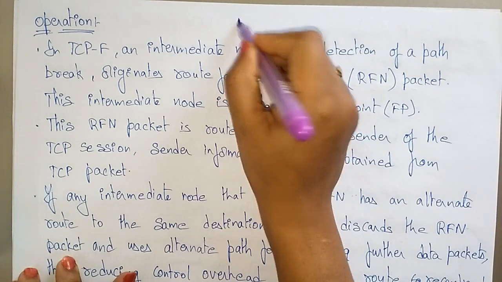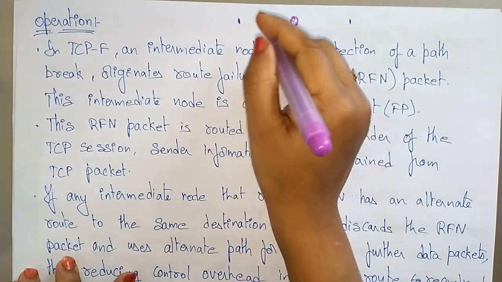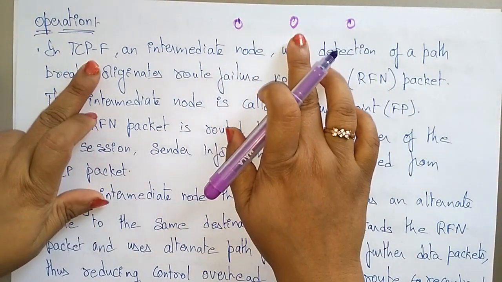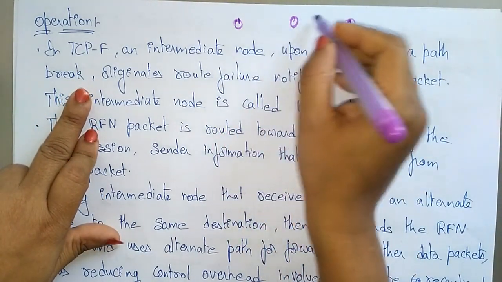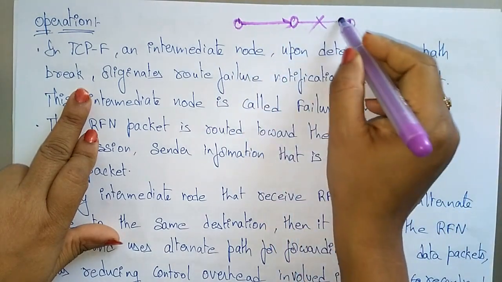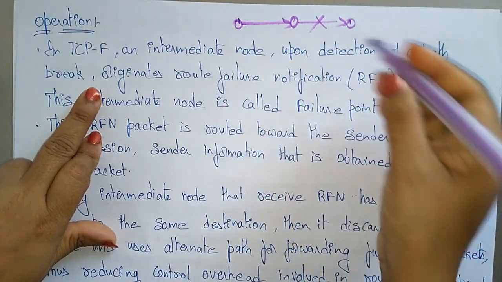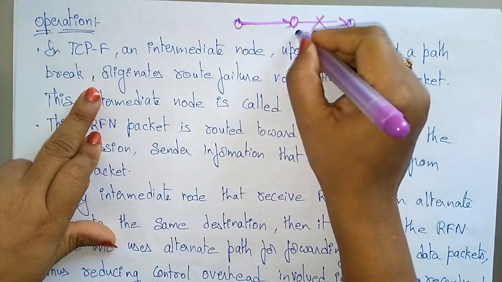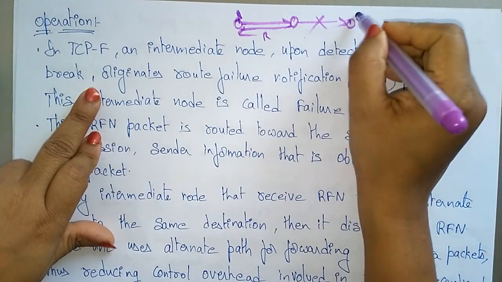Suppose we take one node here, another node there, and in between an intermediate node. So in TCP feedback, the intermediate node, upon detection of a path break, originates a route failure notification. It sends the route failure notification to the sender and the receiver.